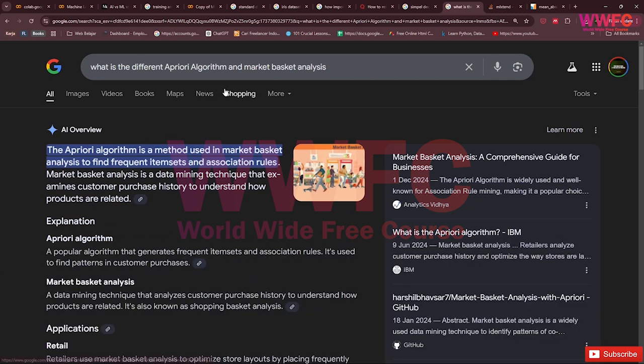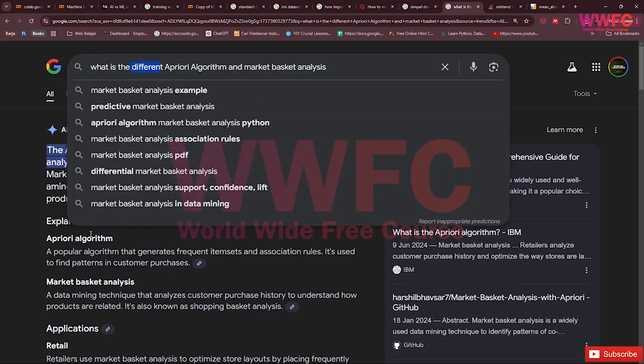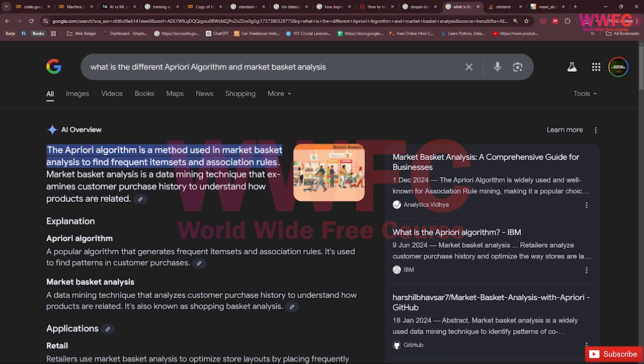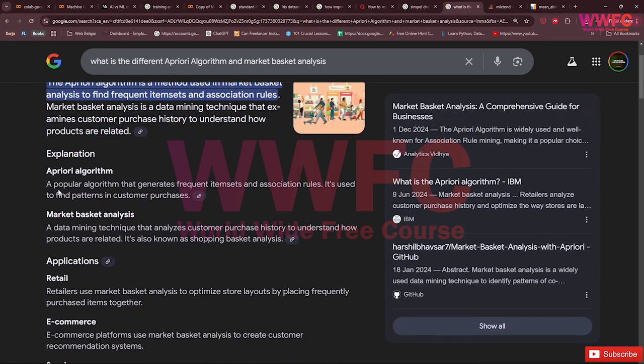There's not really a difference, but the Apriori algorithm is a method used in market basket analysis to find frequent item sets and association rules. Market basket analysis is a data mining technique that examines customer purchase history to understand how products are related. The Apriori algorithm generates frequent item sets and association rules.